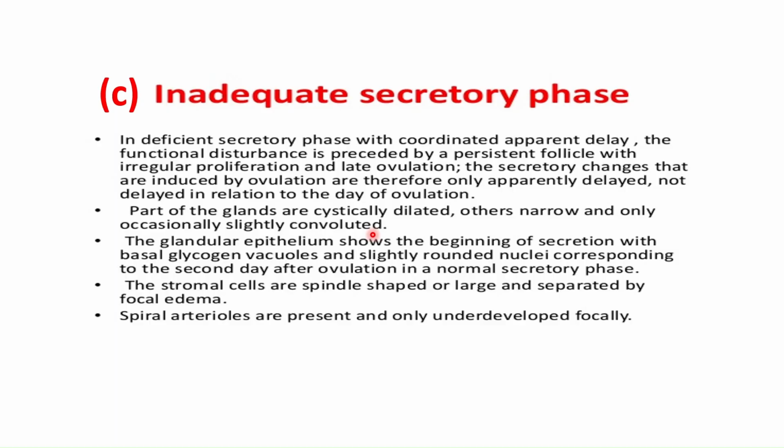Now, inadequate secretory phase. So here in deficient secretory phase with coordinated apparent delay, the functional disturbance is preceded by persistent follicle with irregular proliferation and late ovulation. So the secretory changes that are induced by ovulation are only apparently delayed and not delayed in relation to the day of ovulation.